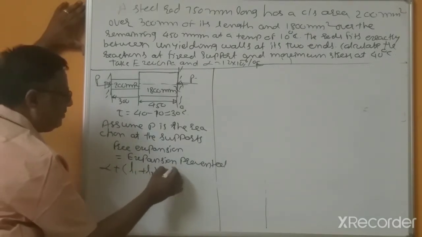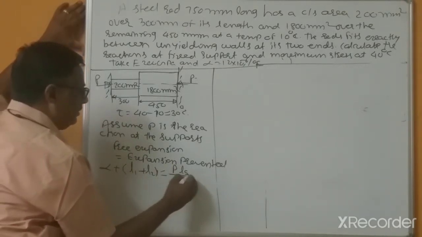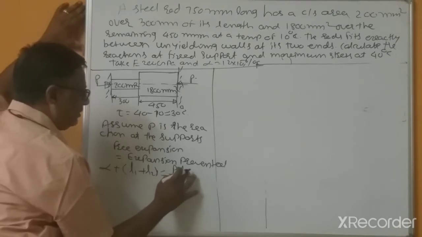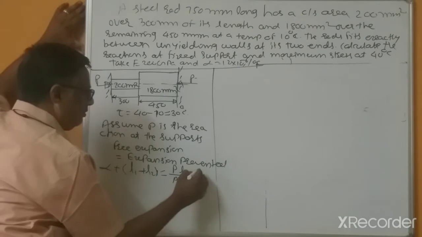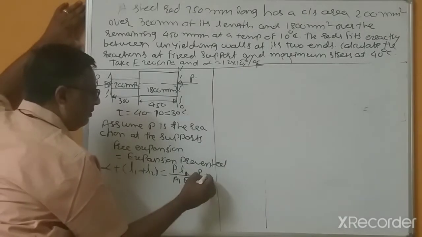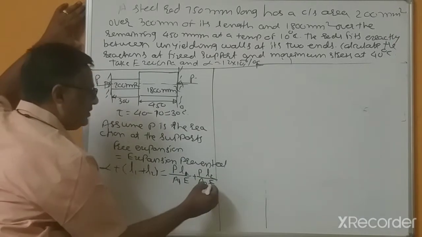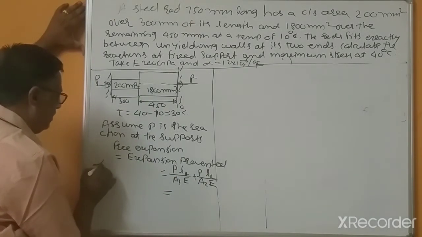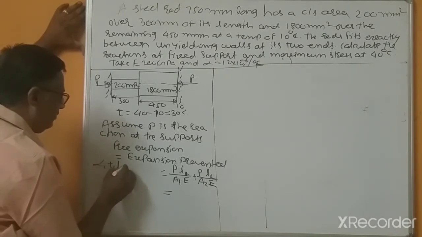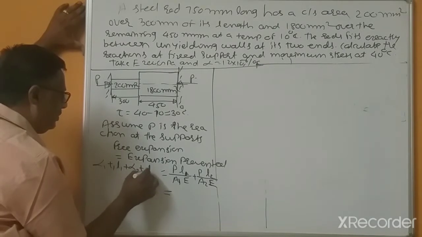Now the prevented expansion is P L1 by A1 E1 plus, because it is the same material, P L2 by A2 E. Otherwise, I consider alpha 1 T1 L1 plus alpha 2 T2 L2.